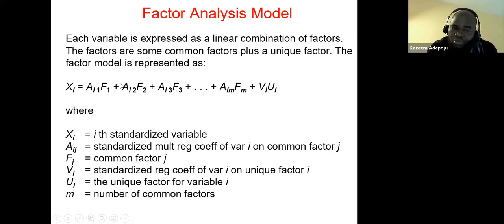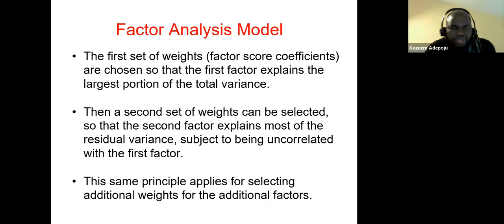These are the weights of each factor, just like what we did in linear regression, where we got regression parameters that tell us the contribution of a particular predictor. We also have that in factor analysis, and that was why we call them factor score coefficients, just like the way we got regression coefficients.